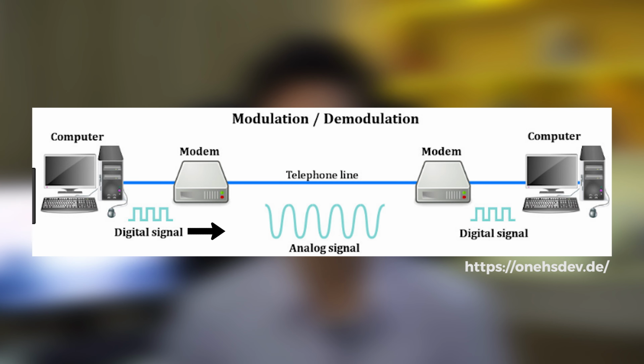A modem is a hardware device that allows a computer to send and receive data along telephone lines. When sending a signal, the modem converts or modulates the analog data into digital data and transmits it over the telephone line. Similarly, when it is received, the modem converts it back to digital data, which the computer can use.